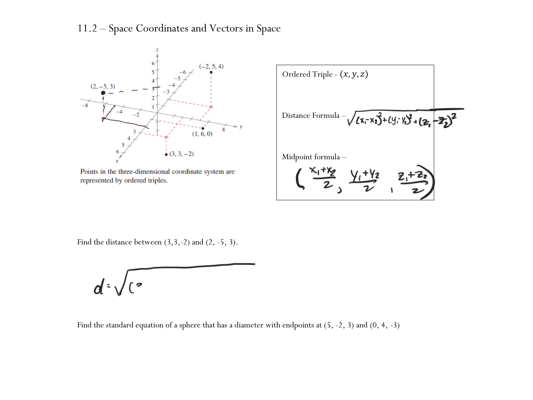So first you would subtract your x coordinates and square it. Then you would subtract your y coordinates and square it. Then you would subtract your z coordinates and square it.